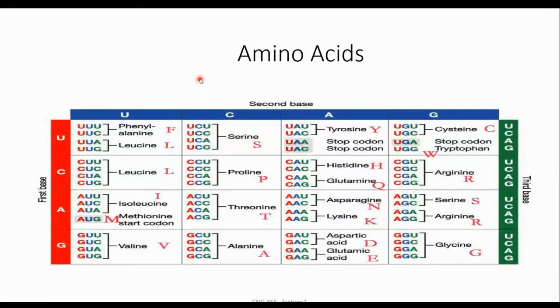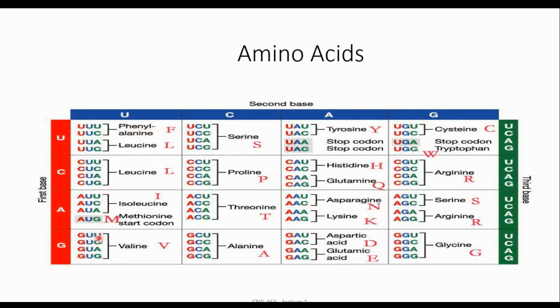This picture is very important in order to get a better picture of what we are talking about. So in our sequence, whenever we reach UUU, for example, this will be translated into this amino acid.